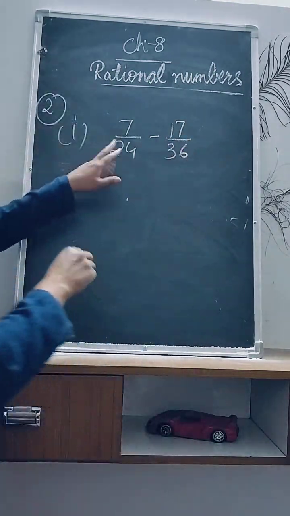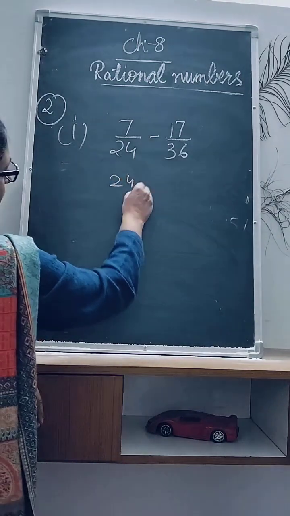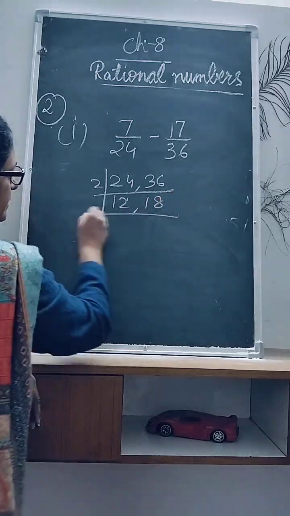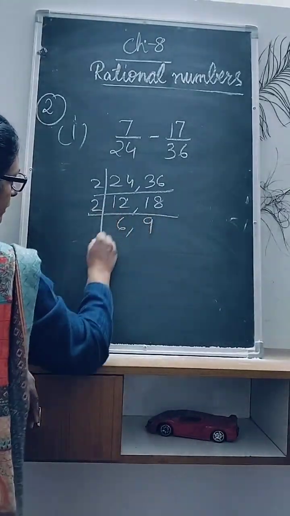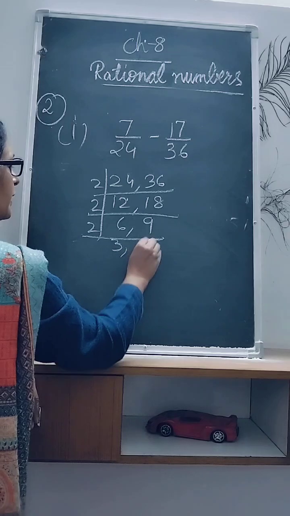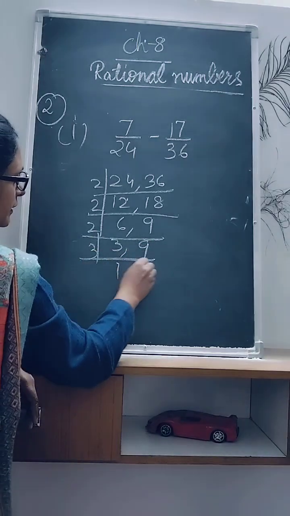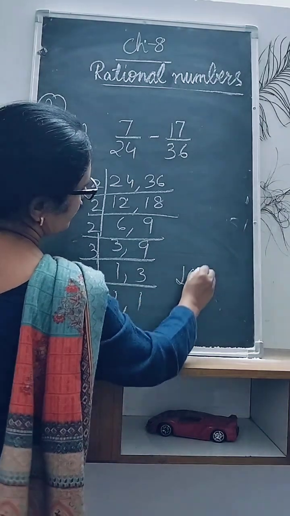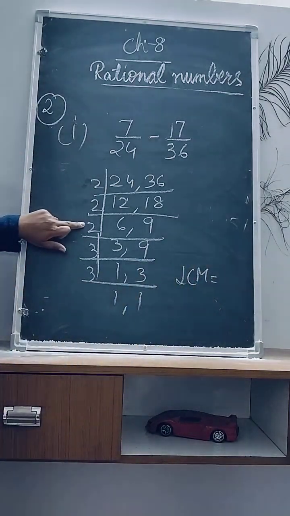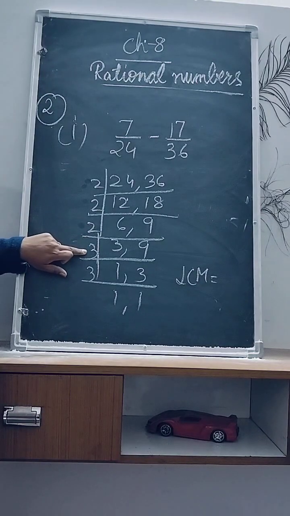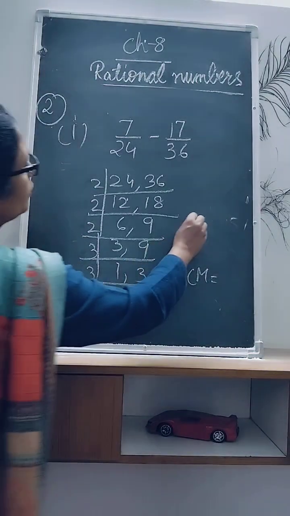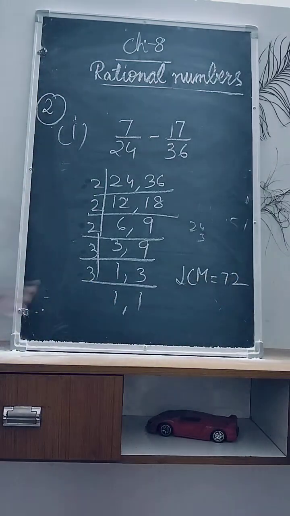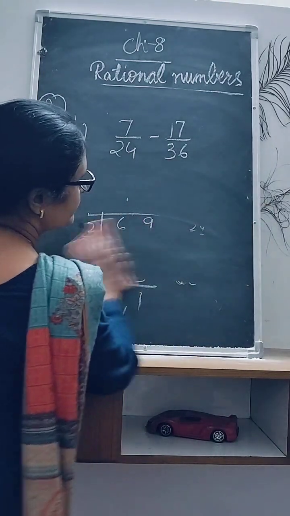Okay, you can find the LCM of 24 and 36. 2 into 2 is 4, 4 into 2 is 8, 8 into 3 is 24, 24 into 3 is 72. So the LCM is 72. You can write the LCM 72.